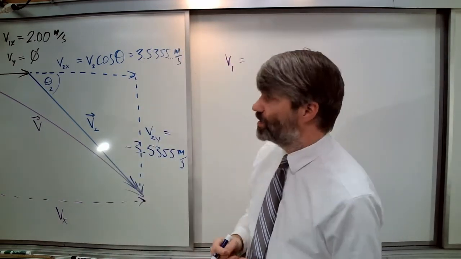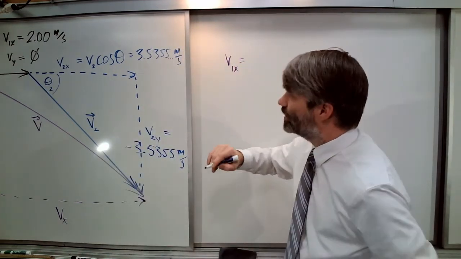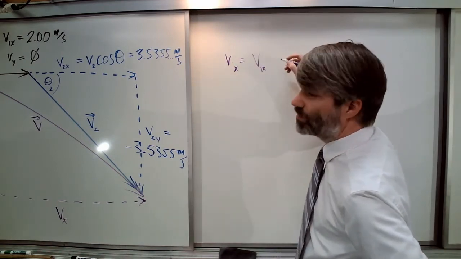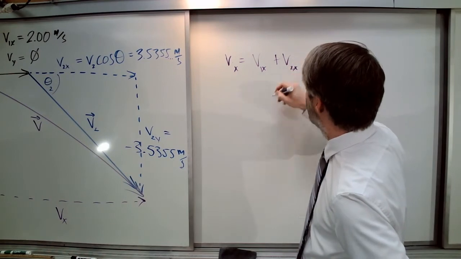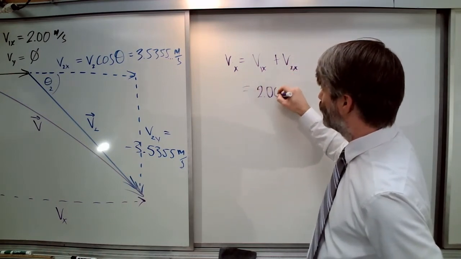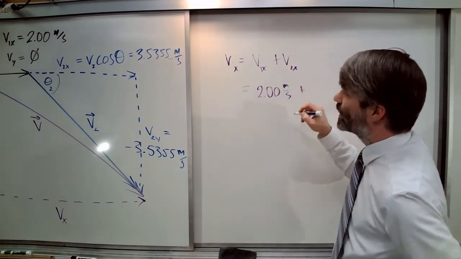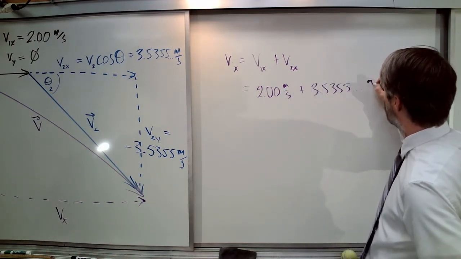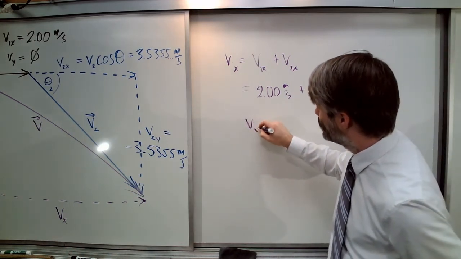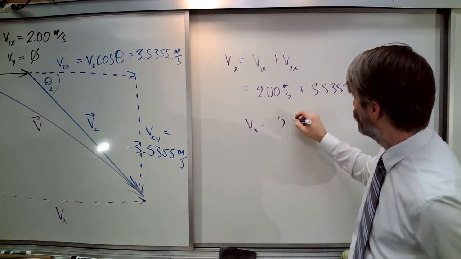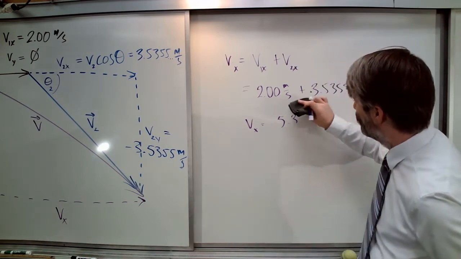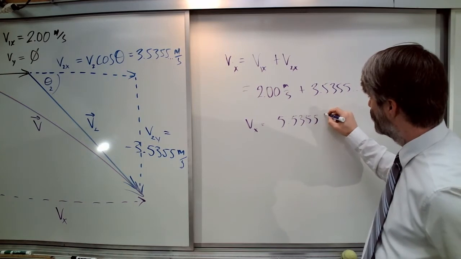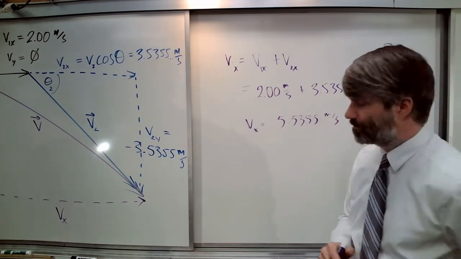The x component of V is V1's x plus V2's x, which is, again, 2.00 meters per second plus 3.5355 meters per second, and V's x is just 5.5355 meters per second.